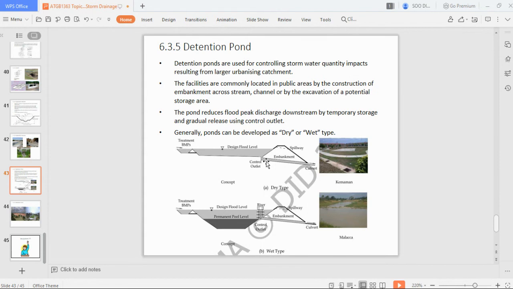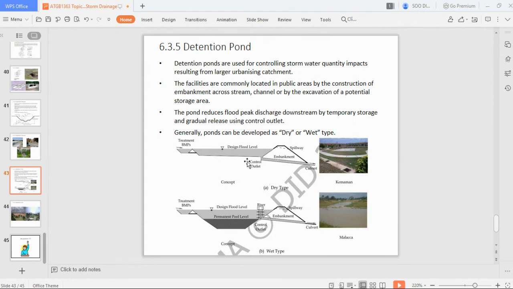The pond can be developed as dry or wet type. What this means is that a dry type is a pond that, if there's no rain, will stay dry, and if it's a wet type, then there's actually a permanent water level because the outlet is at a higher level compared to the bottom level of this detention pond.